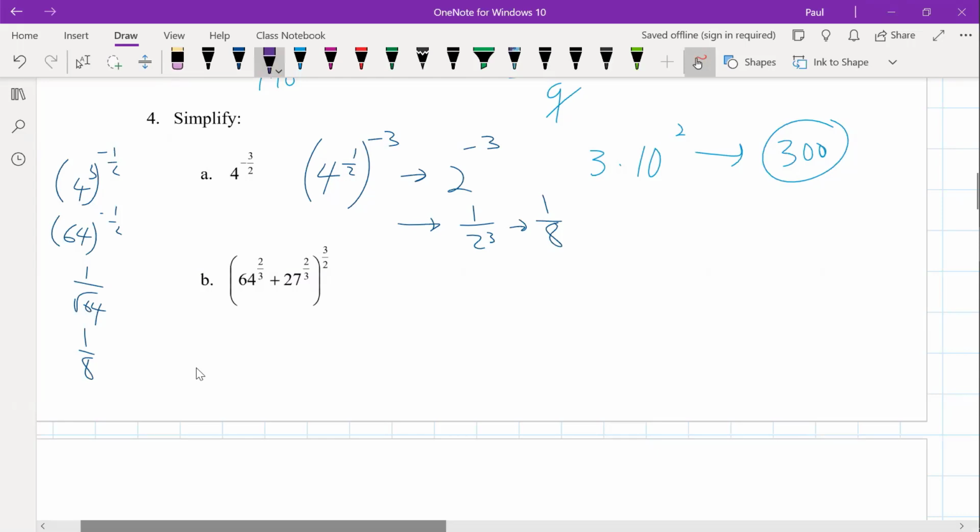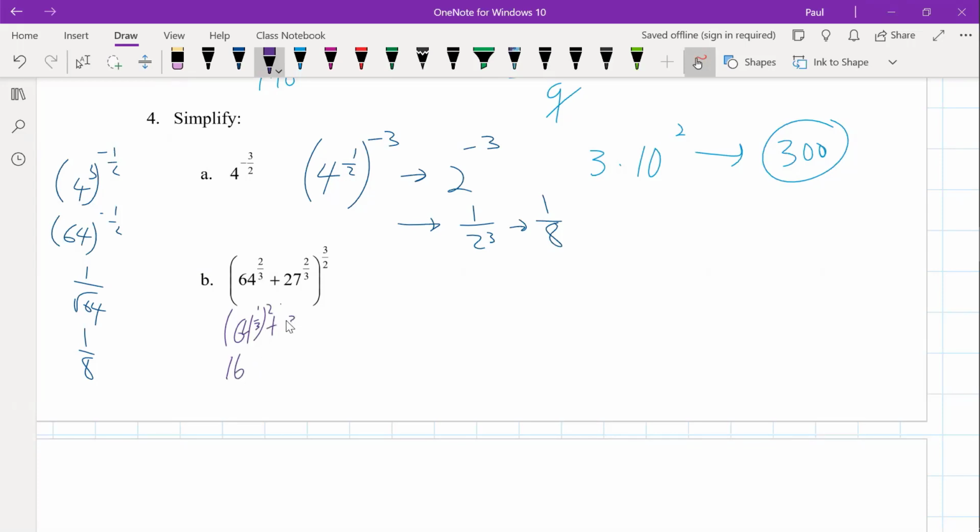So what can we do instead, Enda? How about, can we just take the root and then the power for this? Yeah, that is 16. It's 4 squared, which is 16. What about this one?